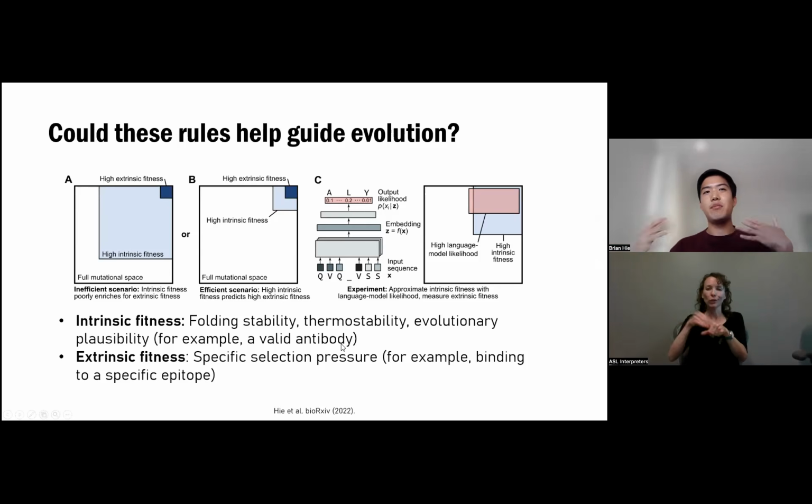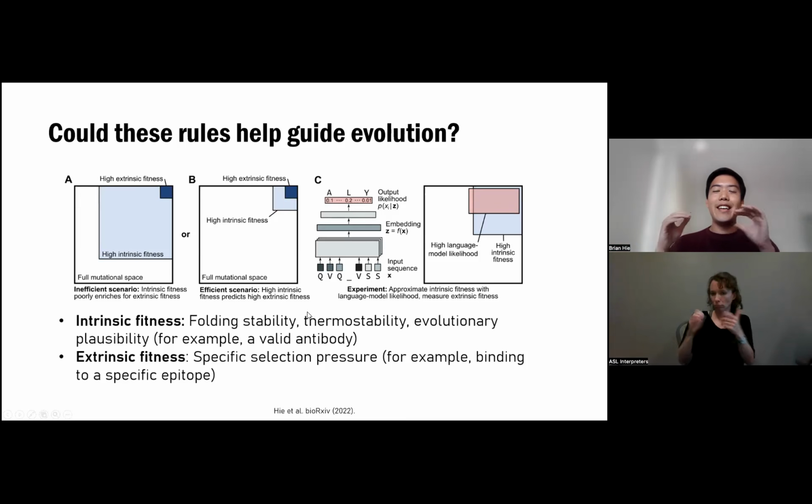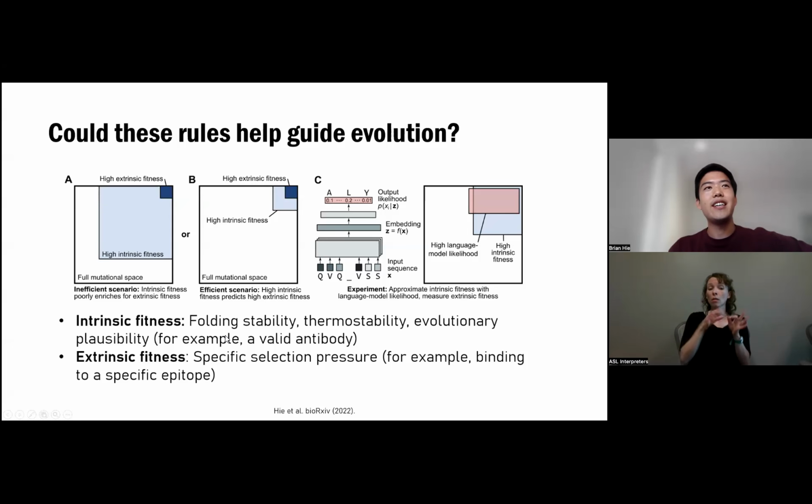So we're thinking of this as maybe what makes a valid antibody. And if these language models, or intrinsic fitness, are a good prior for extrinsic fitness, then you could just acquire sequences based on high intrinsic fitness, and naturally enrich for high extrinsic fitness.